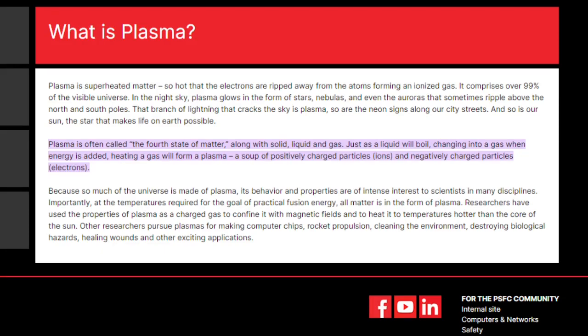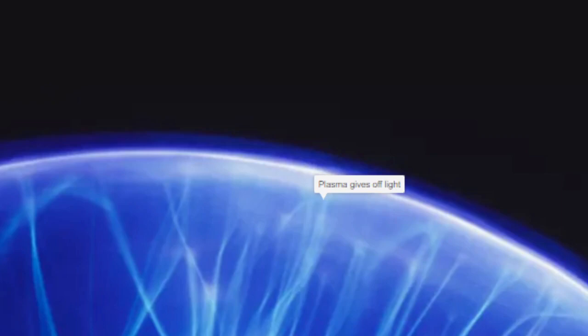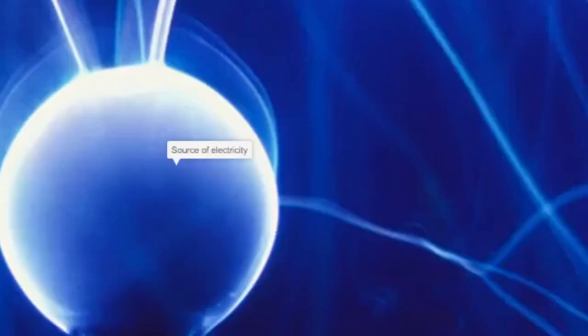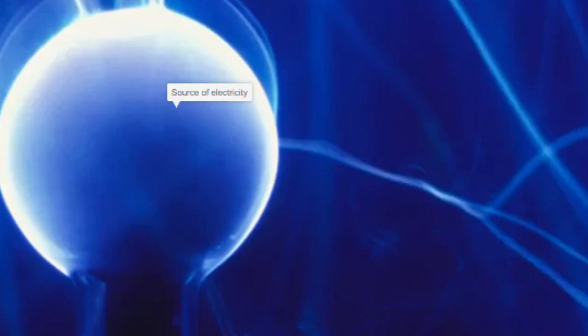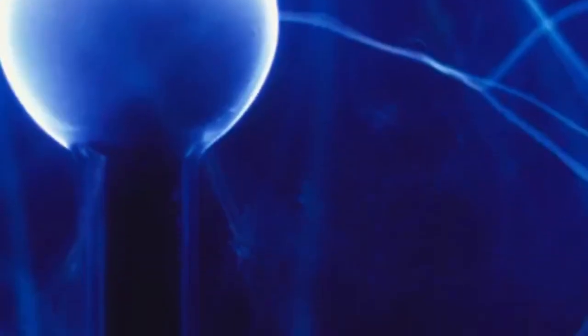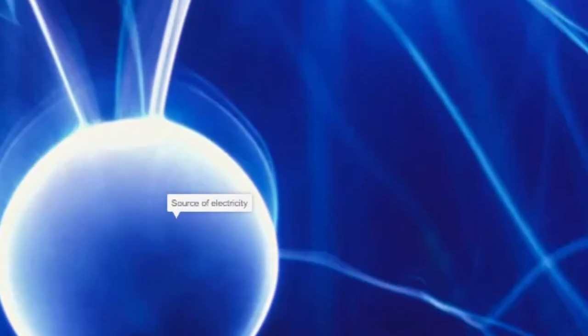Just looking at the definition of plasma, I'll read this off. Plasma is a superheated matter so hot that the electrons are ripped away from the atoms, forming an ionized gas. It comprises over 99% of the visible universe.